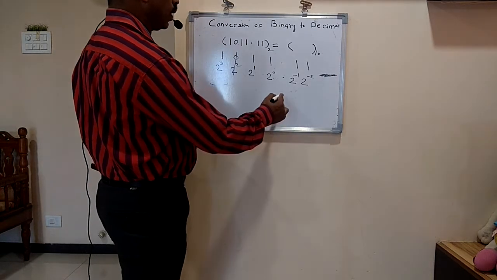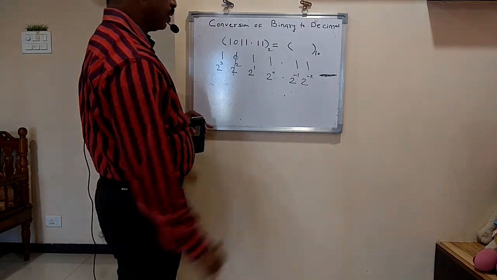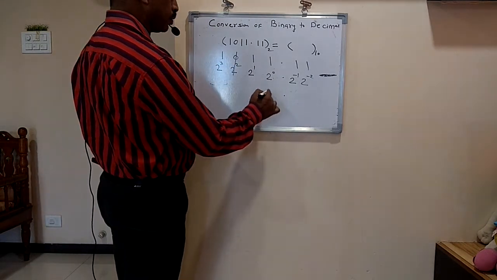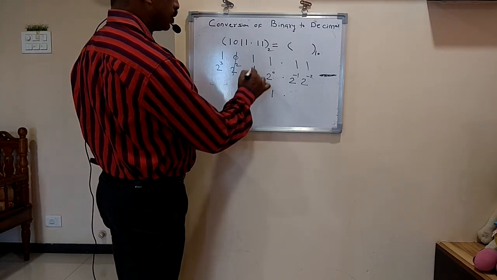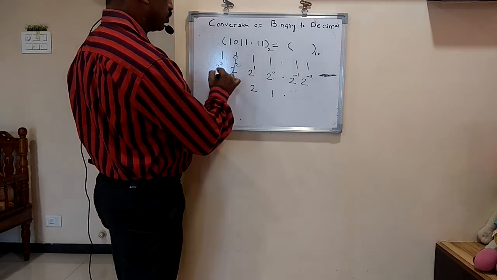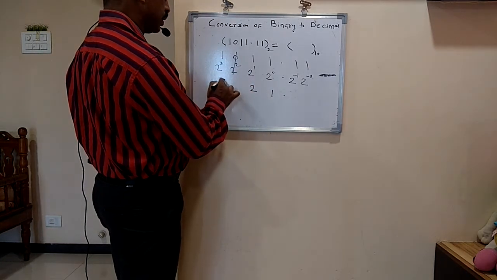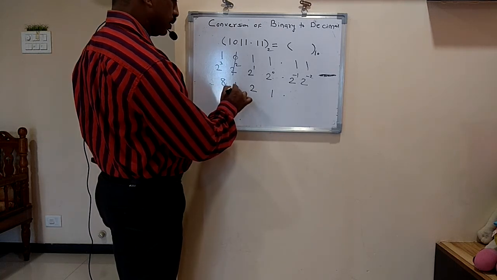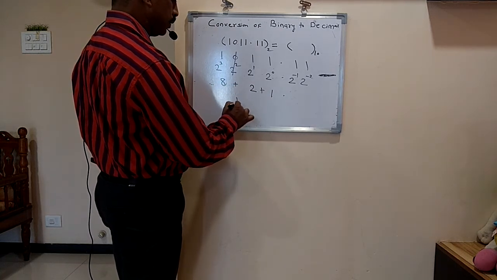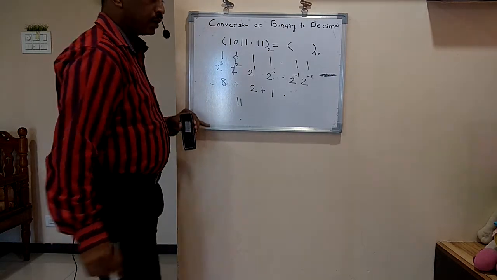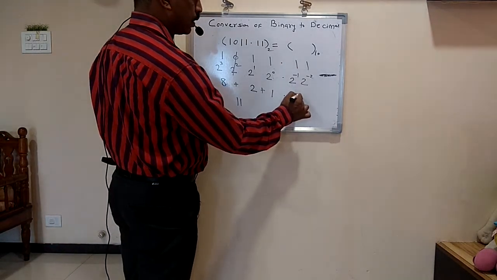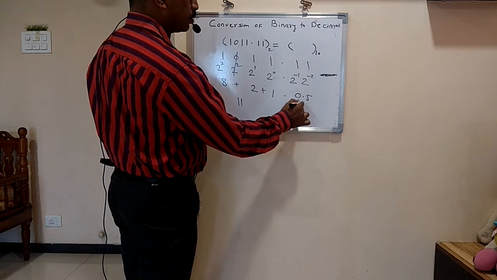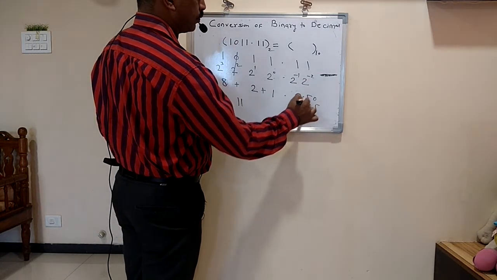Next, write down the value of each binary weight. 2 raised to power 0, its value is 1. 2 raised to power 1, its value is 2. 2 raised to power 3, its value is 8. So 8 plus 2 plus 1, it is 11. Next, 2 raised to power minus 1, its value is 0.5. 2 raised to power minus 2, its value is 0.25.